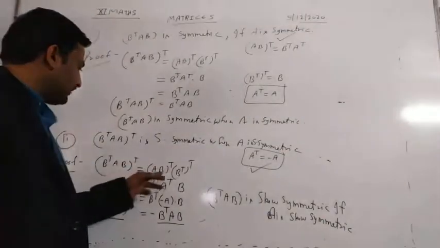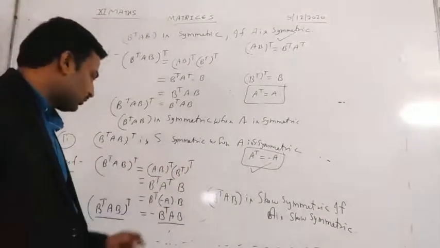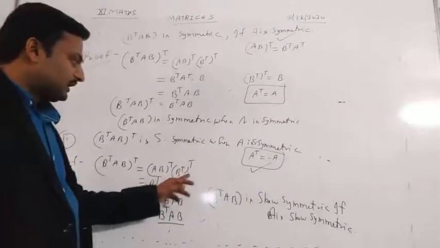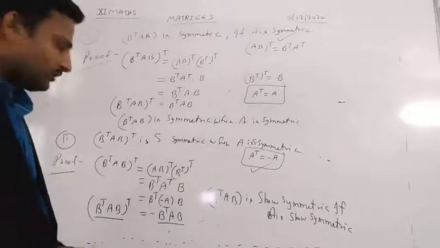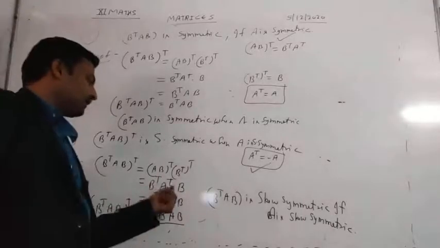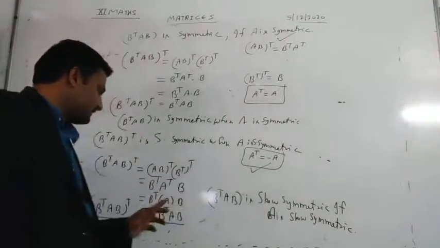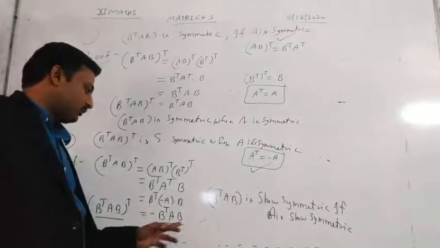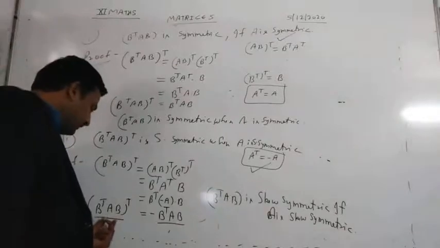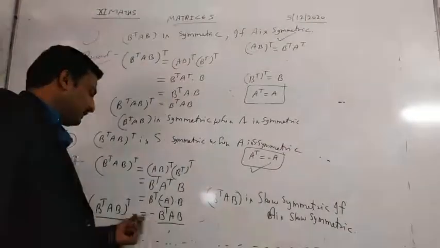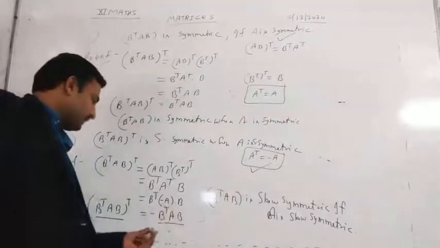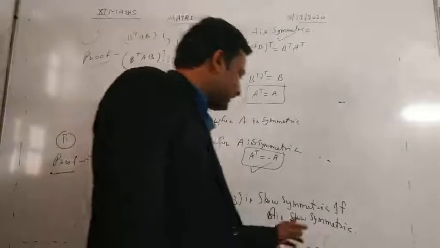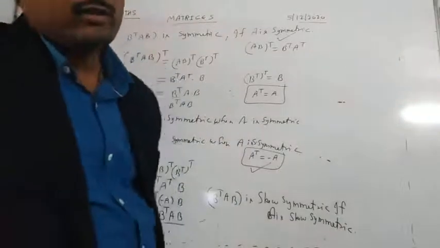AB transpose, B transpose, whole transpose, will be B transpose A transpose, and this changes to B. Now this A transpose we can write as minus A, and taking the minus outside, we get B transpose AB again. So the matrix is equal to the negative of that matrix. So we can say that this is a skew symmetric matrix when A is skew symmetric.